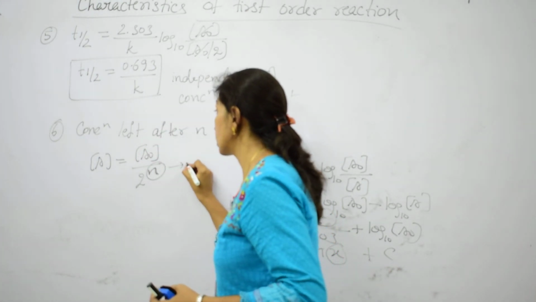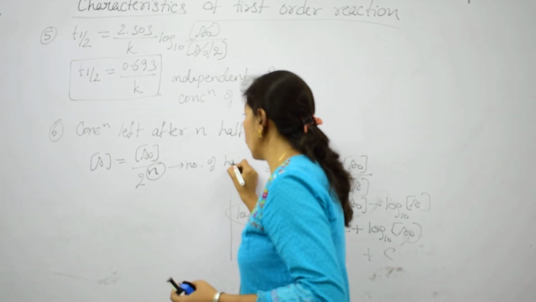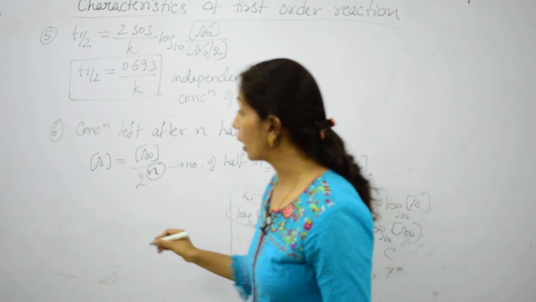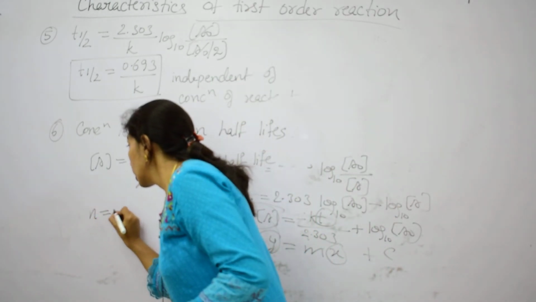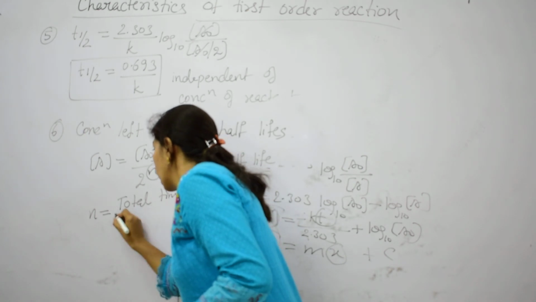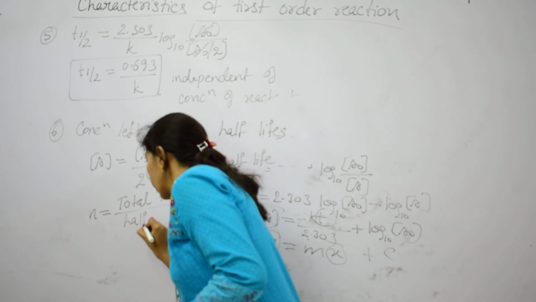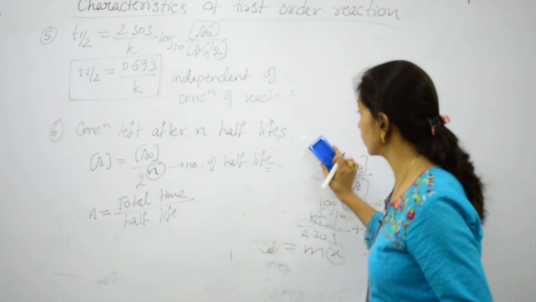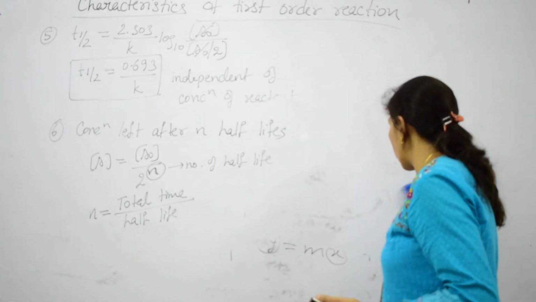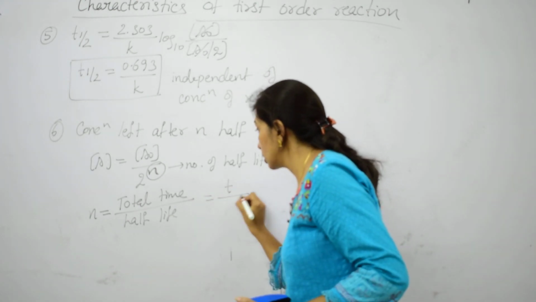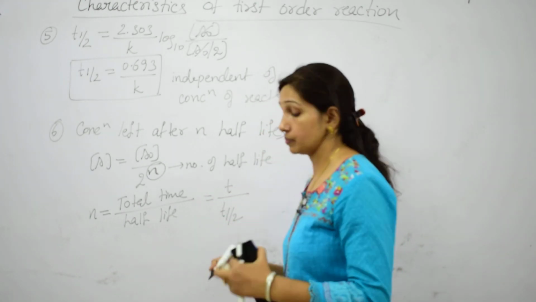The number of half-lives we can get by dividing the total time by the half-life, that is t upon t half.